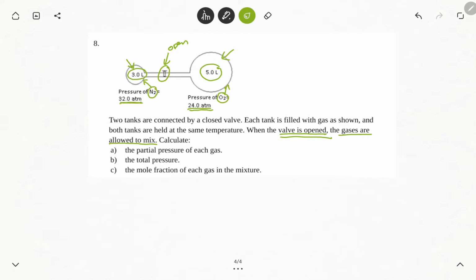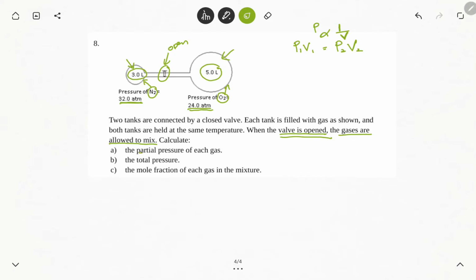We have learned about Boyle's law, which is the relationship between pressure and volume. The pressure of a gas is inversely proportional to the volume, at constant temperature and number of mole.